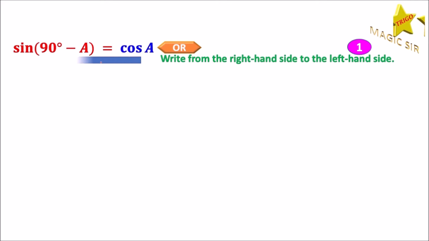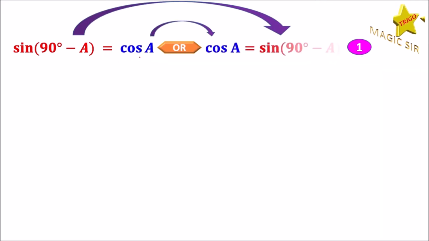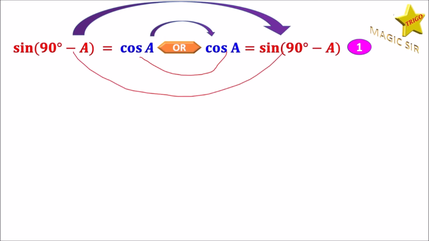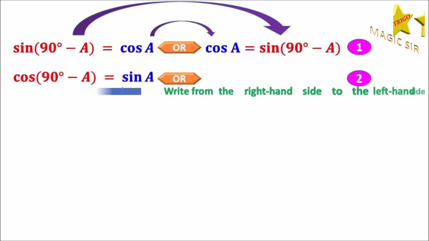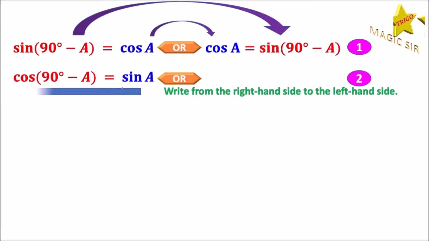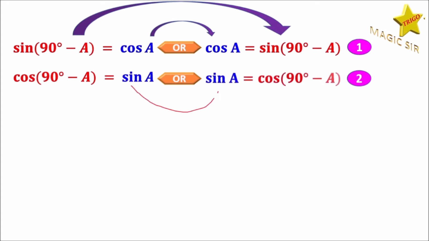That is cos A is equal to sin 90 degrees minus A. Second, cos 90 degrees minus A is equal to sin A. Or we can write this formula from the right hand side to the left hand side. See the animation. That is sin A is equal to cos 90 degrees minus A.